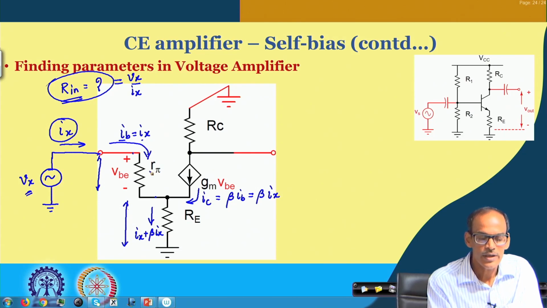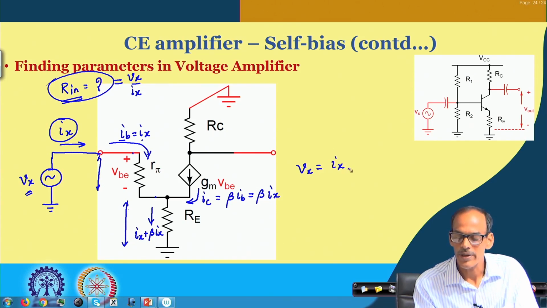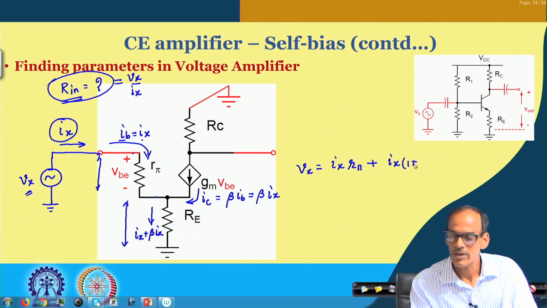So, we can say that the voltage drop V x equals V be, which is I x times R pi, plus I x times 1 plus beta multiplied by R e.